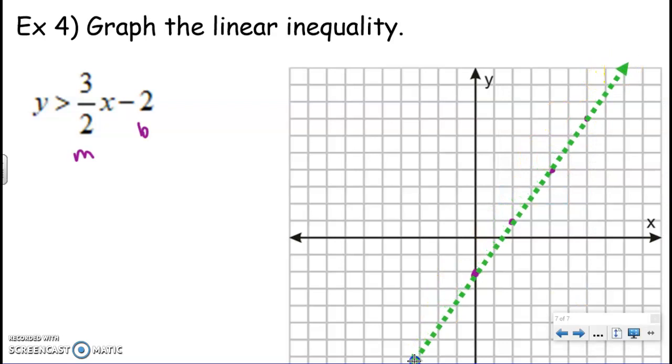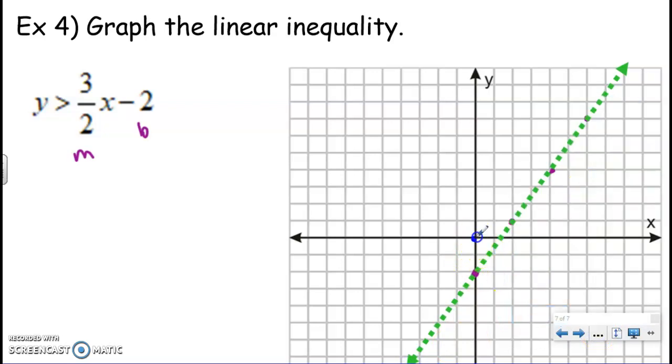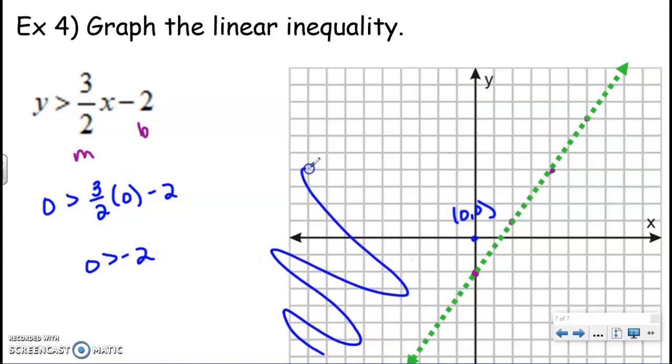Okay, I'm going to draw a dotted line for that one. And then we need to test a point to shade. Go ahead and plug in 0, 0. So we get 0 is greater than 3 halves times 0 minus 2. When I simplify that, I get 0 is greater than negative 2, which is true, so I'm going to shade that side of the line.